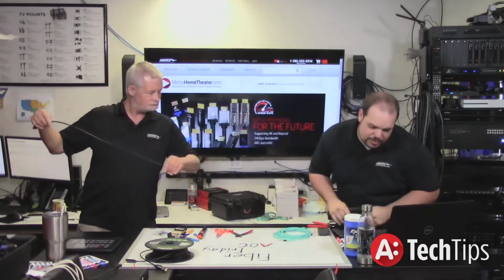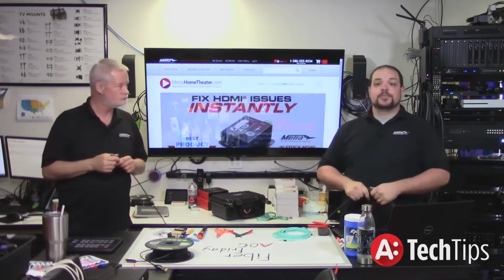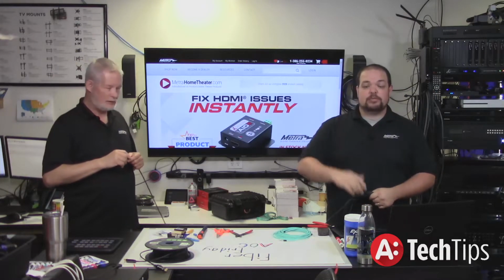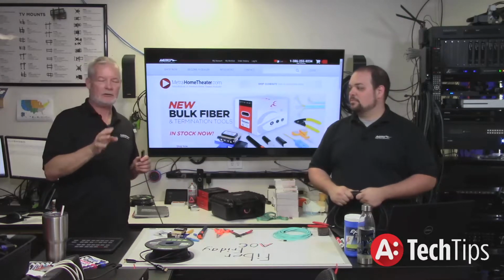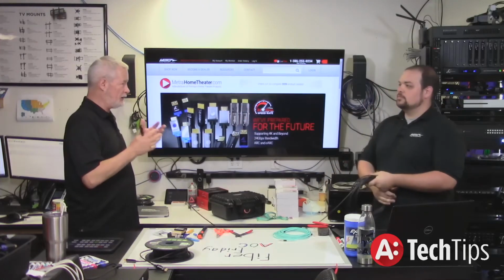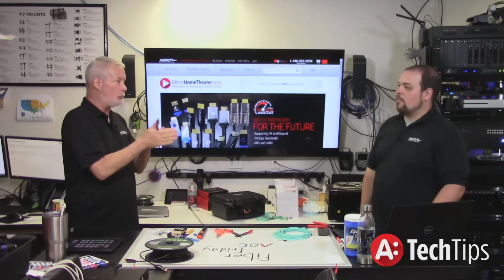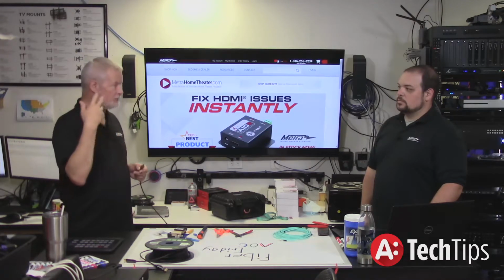Ellen says, if they are running bulk for future, do you recommend 2 runs or are you comfortable with just 1? If you can run 2, run 2. If you can run 3, run 3. If you can run 4, run 4. Here's the thing: every time technology or bandwidth leaps up, it takes a while to get the chipsets down to a single port. Just like in the early days of HDMI, it took 2 category cables to get 5 gig.